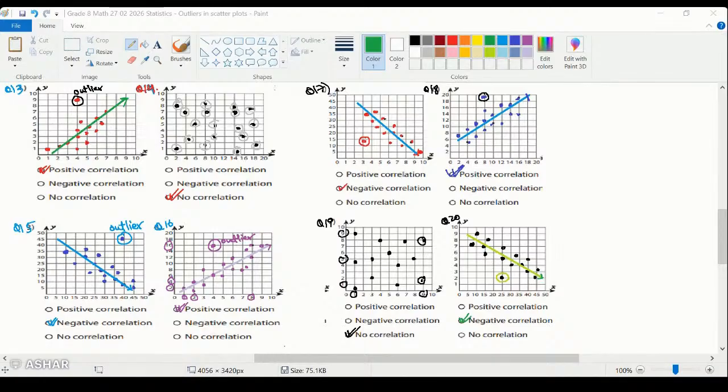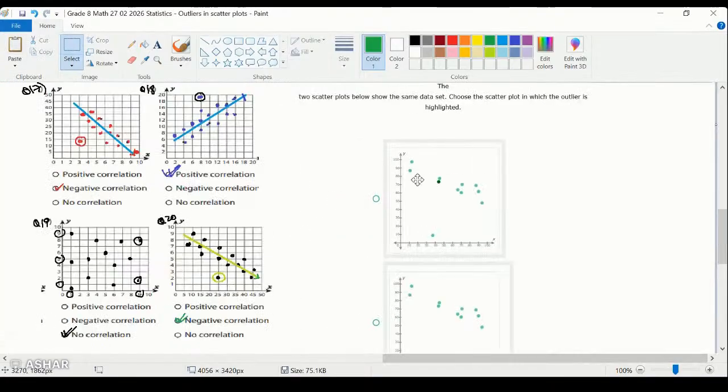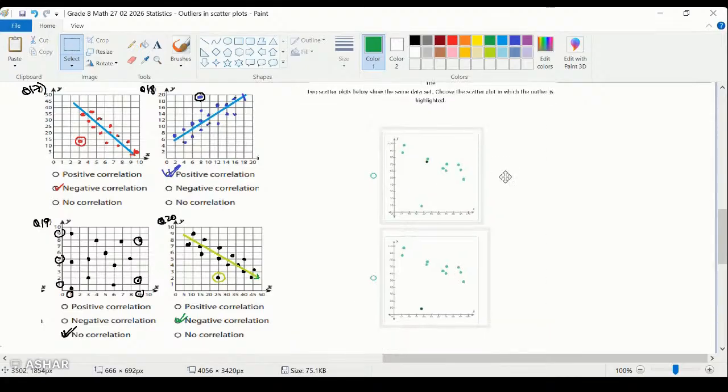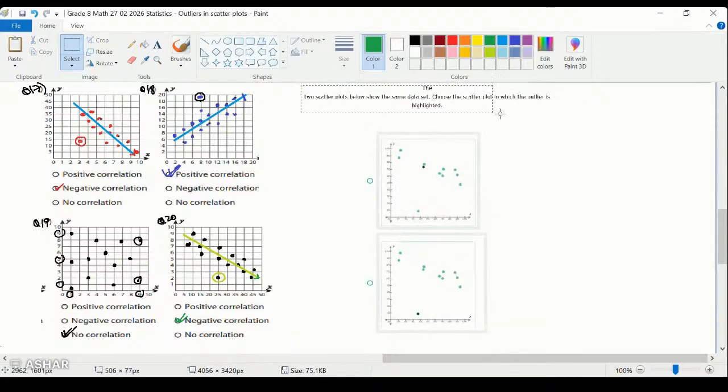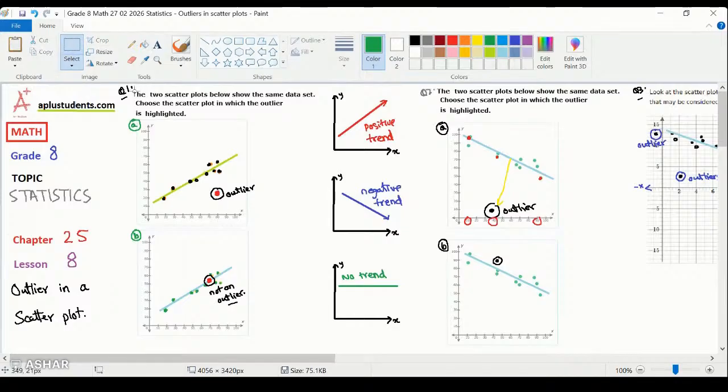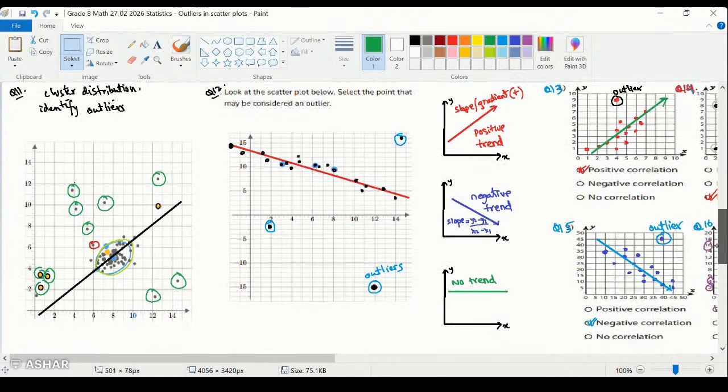The first question for the test says the two scatter plots highlight the same data set, and we need to see which information.